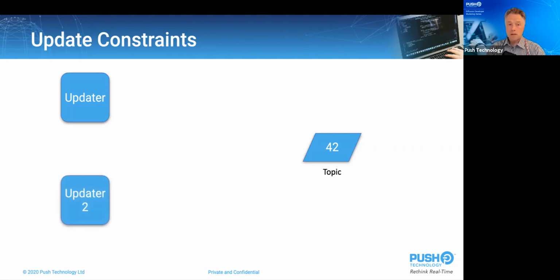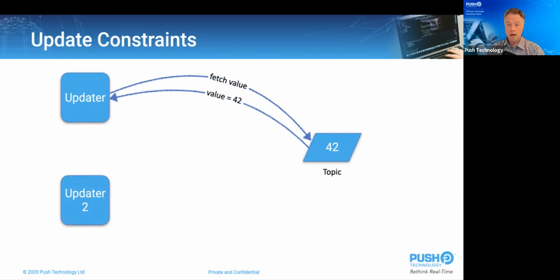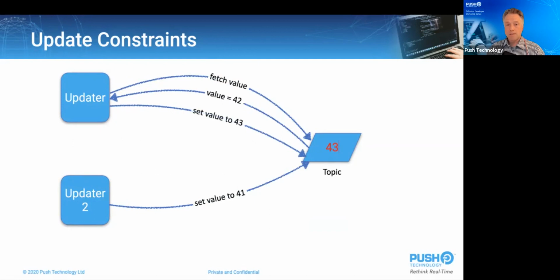If our updater fetched the current value, however, before it can apply an update, updater 2 decrements the value to 41. And shortly after that, our original updater then applies the new value of 43, ignorant of the most recent change and thus losing data. This is a classic race condition and one that an update constraint elegantly solves.